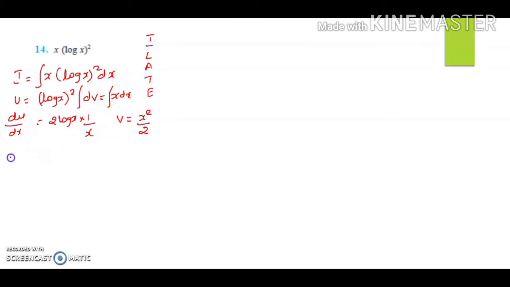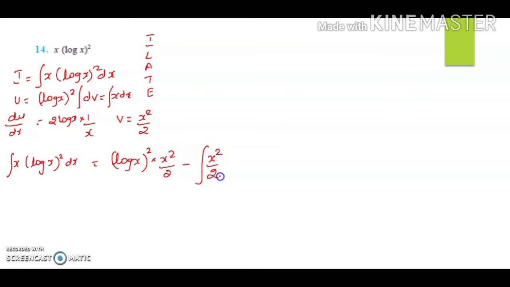dv, if I integrate, we get v is equal to x square by 2. So integral x log x the whole square into dx is equal to uv. U is log x the whole square, v value is x square by 2, minus integral v du. So x square by 2, du is 2 log x divided by x into dx.